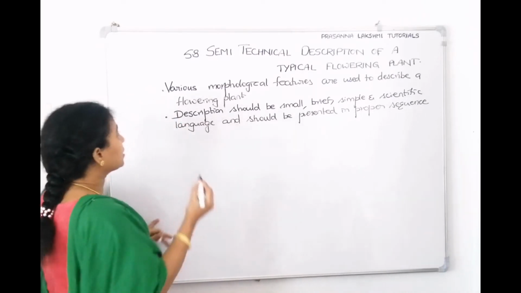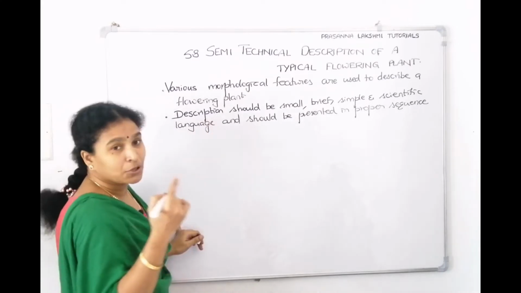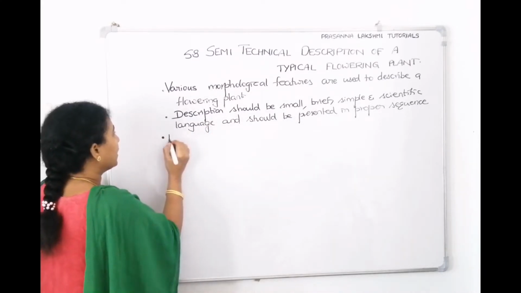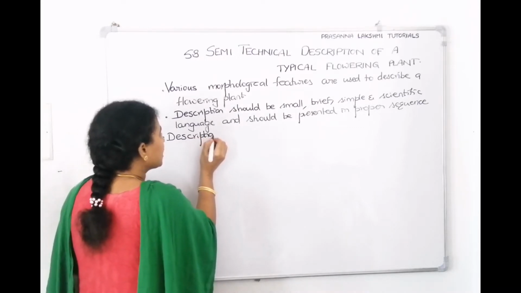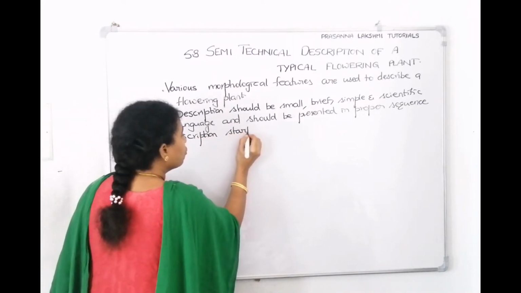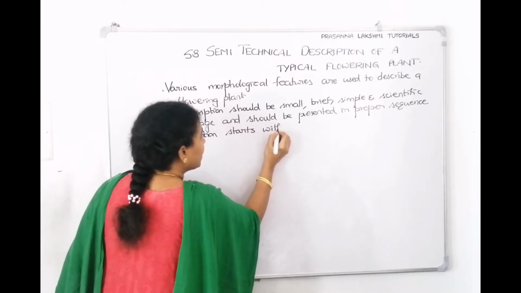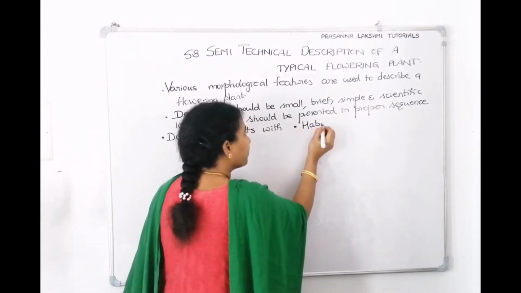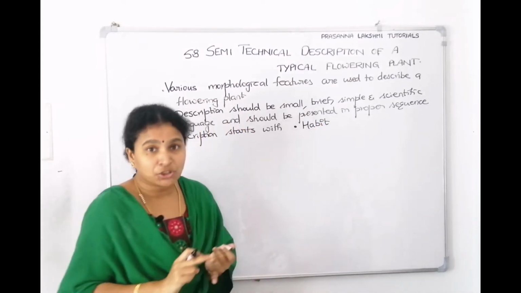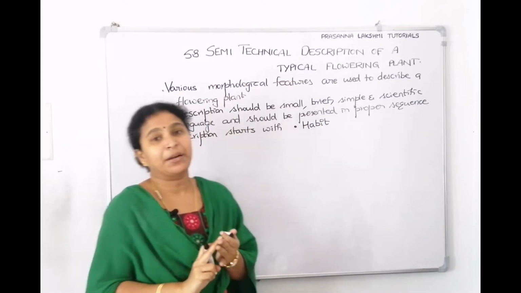So the description of a flowering plant starts with the first point, its habit, whether it's a herb, shrub or tree. That is called habit.